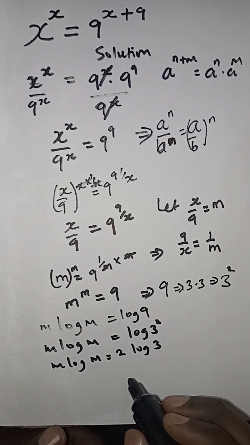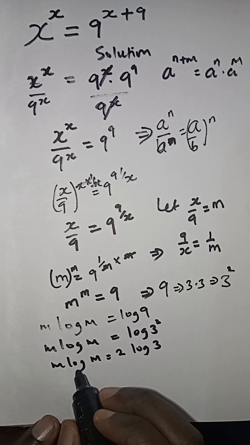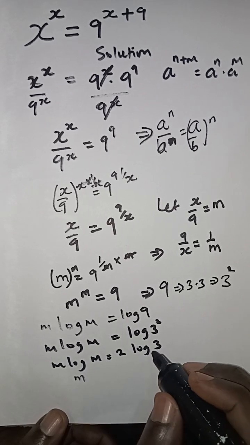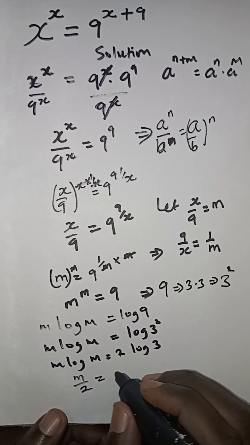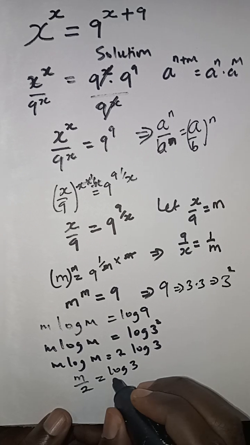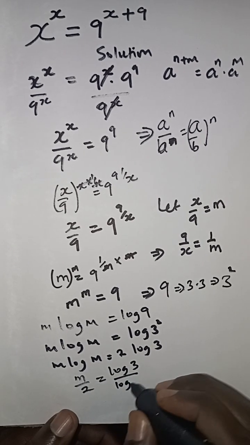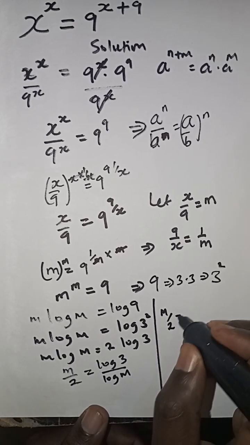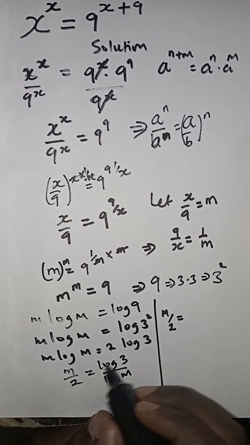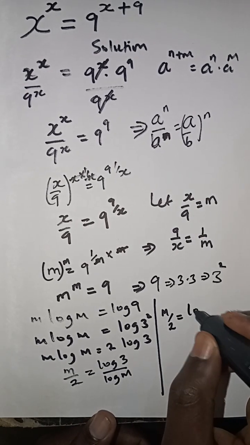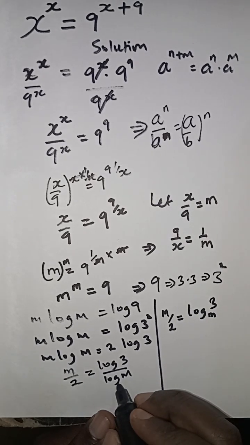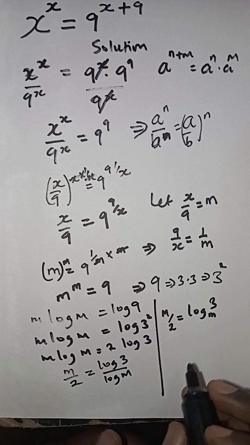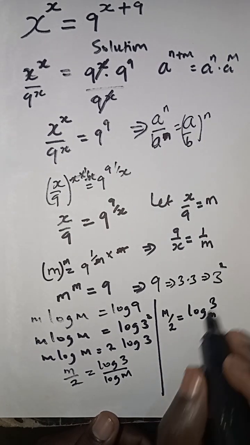Next step, I'm going to divide the logs on both sides so that I have m divided by 2 should now be equal to the log of 3 divided by the log of m, so that I have m over 2 is now equal to, I'm going to write this as a single log, the log of 3 to the base m, like that, so that this to the power this is equal to this.